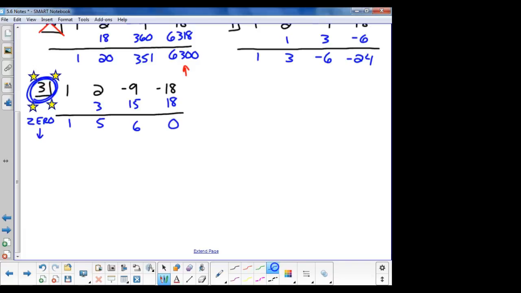Which means, what then is the factor? X minus 3 is the factor. Okay? And that's going to come into play here now in step number 3. Step number 3 is you are going to rewrite f of x.